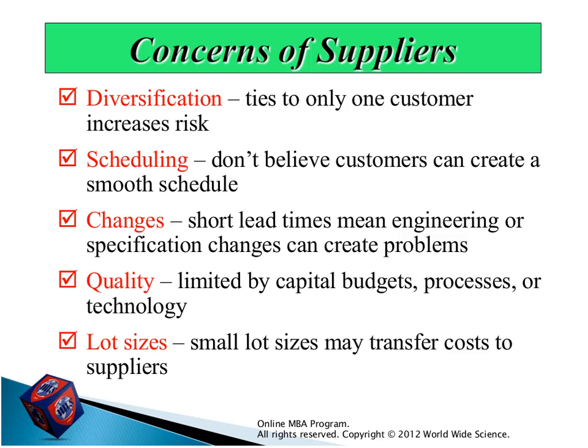Lot size. Suppliers may see frequent delivery in small lots as a way to transfer buyers' holding costs to suppliers. So a small lot size may transfer costs to suppliers.